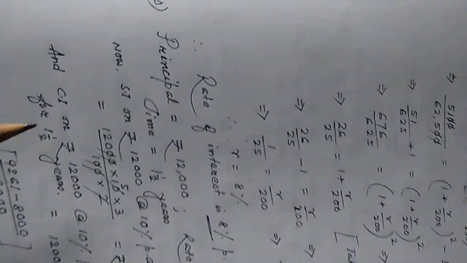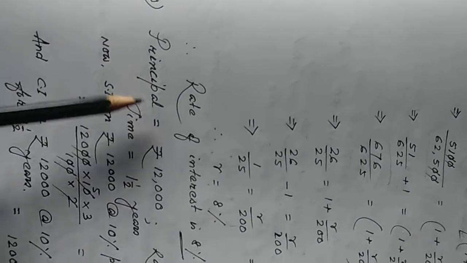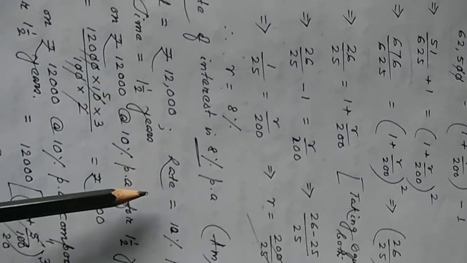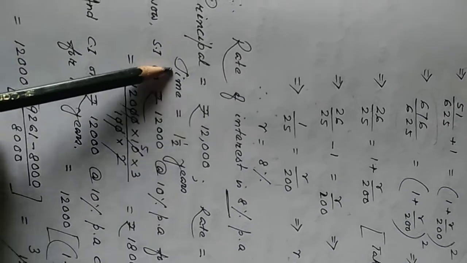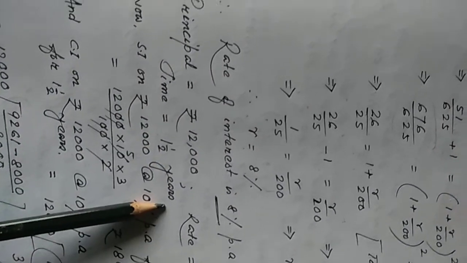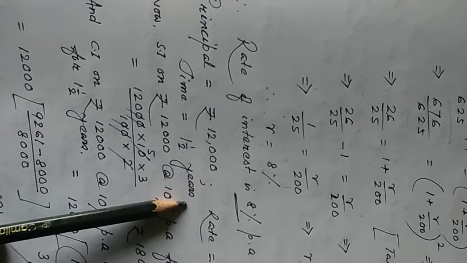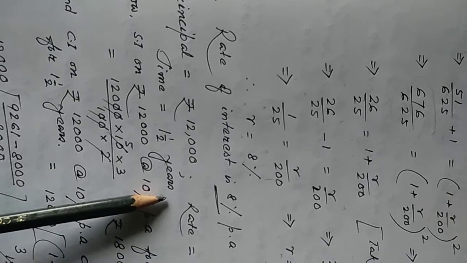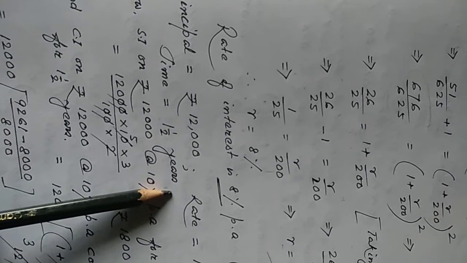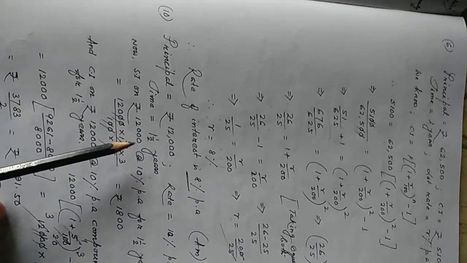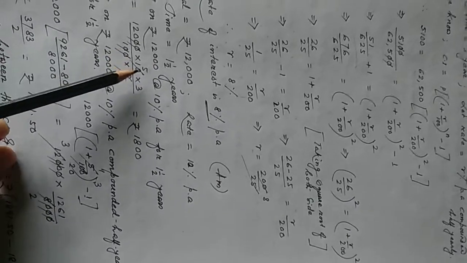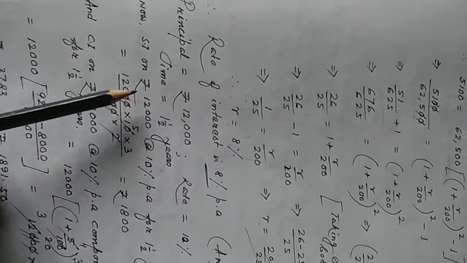So you see here, principal equal to rupees 12,000, rate equal to 10% per annum, and time equal to 1.5 years. And we have to find the difference between the simple interest and compound interest. So, but compound interest compounded half yearly.